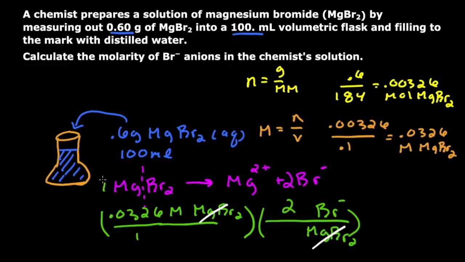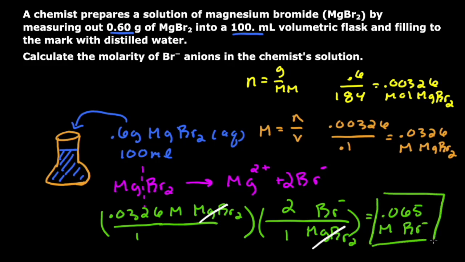And I have a 1 right here, so I'm going to put a 1 right here. And so when I do this number here, times 2 divided by 1, I'm going to get 0.065, and that will be the molarity of the Br minus anions in solution. So this number right here, the 0.065, is going to be the answer.